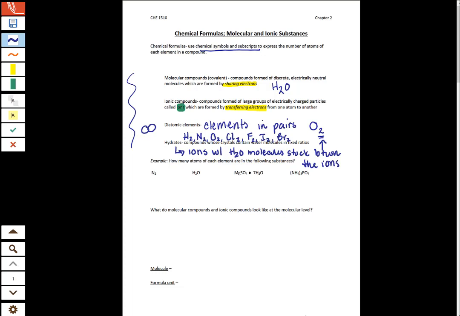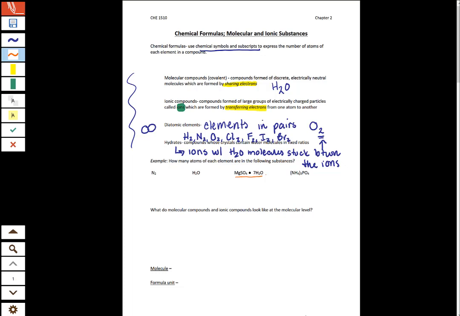So the hydrates are going to look a little bit different than your other types of chemical compounds because they are going to have this little dot in between them. So this one right here, magnesium sulfate dot 7 H2O, that is actually Epsom salts in real life. So you're saying that for every magnesium sulfate pair, you have 7 water molecules.